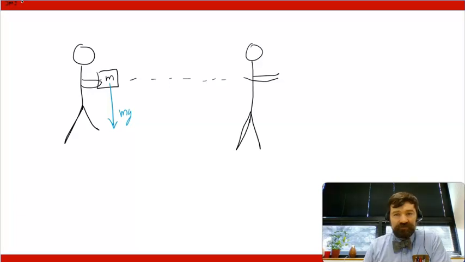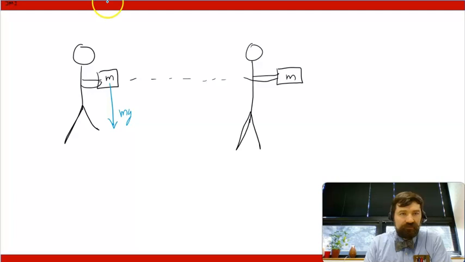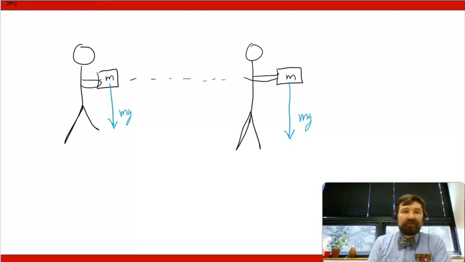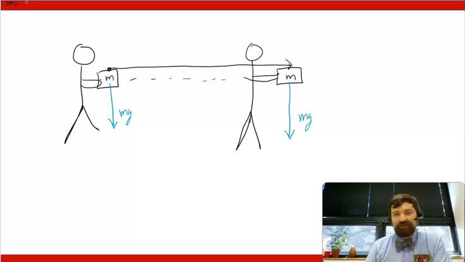I am also a stick figure, apparently. All right, and again over here, mg is downward. What is the direction of the displacement? Well, basically our object started here and ended up right over here. My displacement delta x, in other words, is to the right.